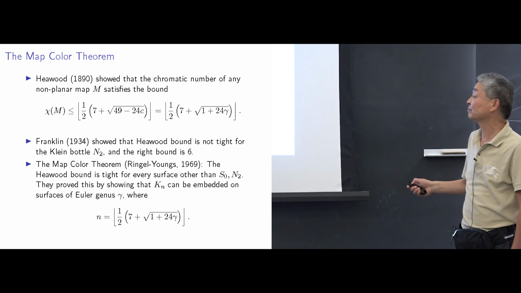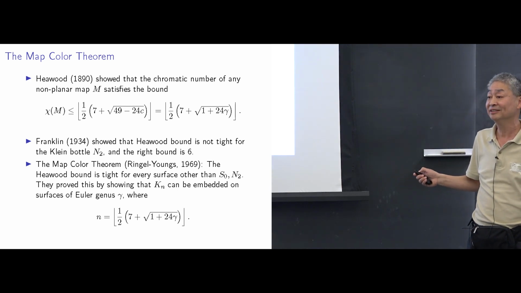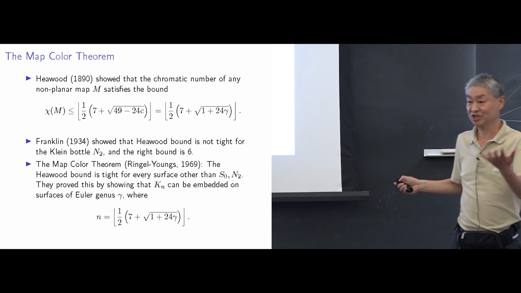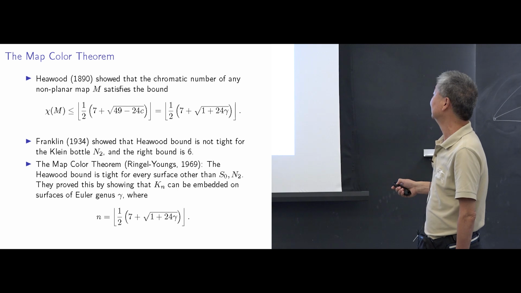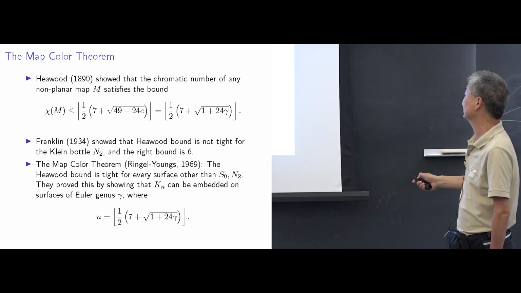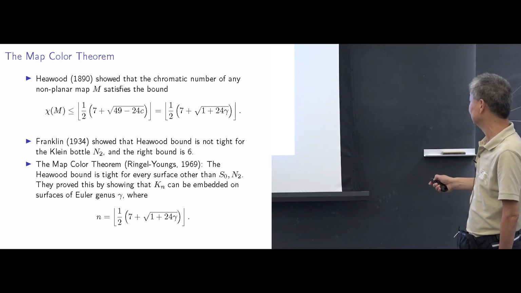And it turns out that the proof of this upper bound is actually quite easy, just using Euler's formula. And of course, you can replace C by 2 minus gamma, equivalently this, okay?